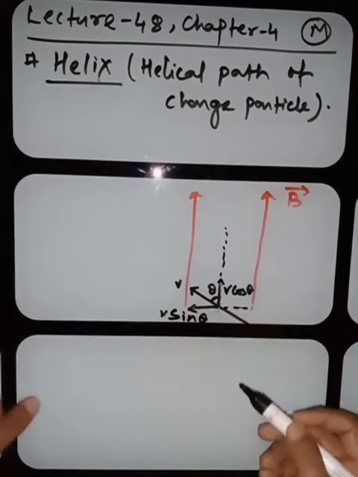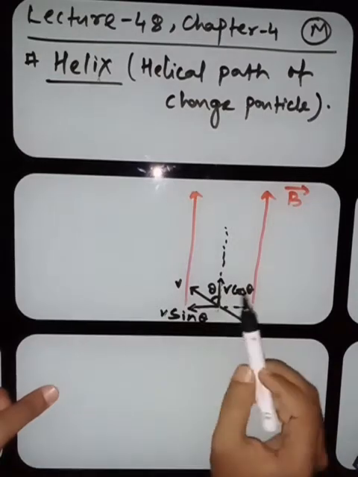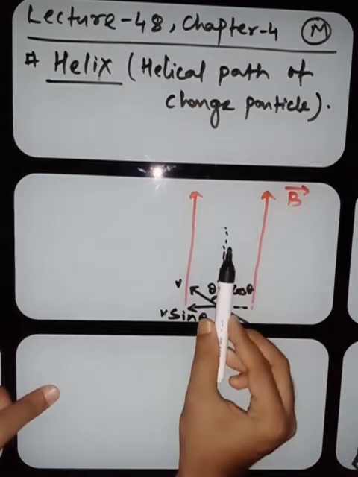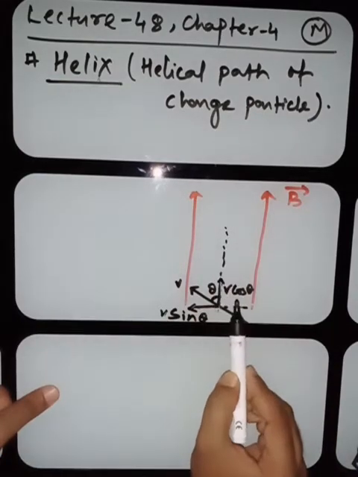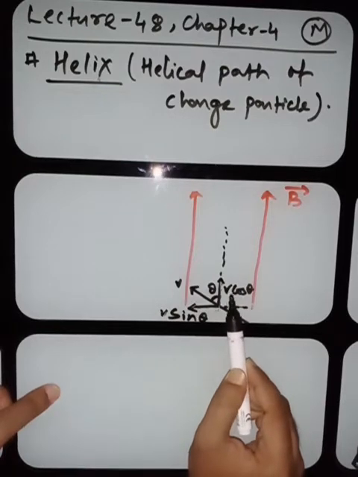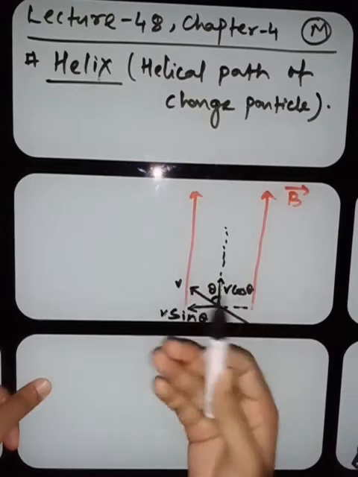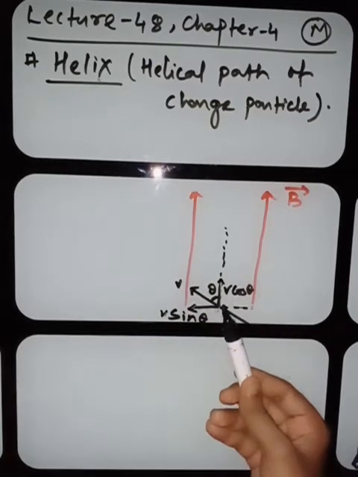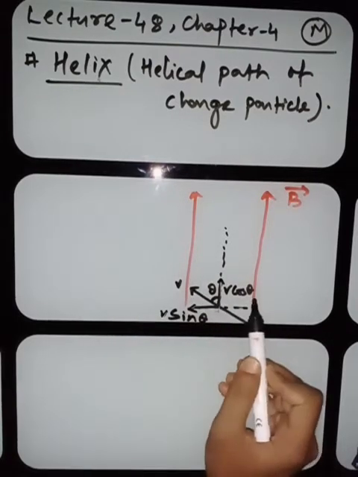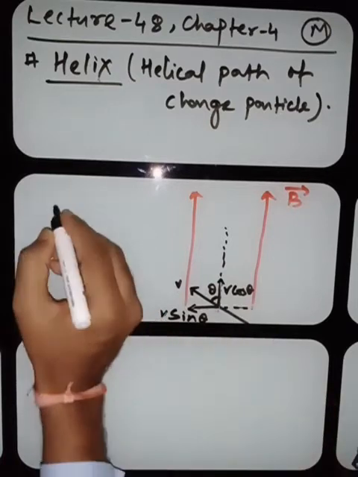Now you can see v cos theta is the velocity which is parallel to the magnetic field, and this velocity will carry the charge along the magnetic field without experiencing any force due to the magnetic field. Why? Because v cos theta is parallel.